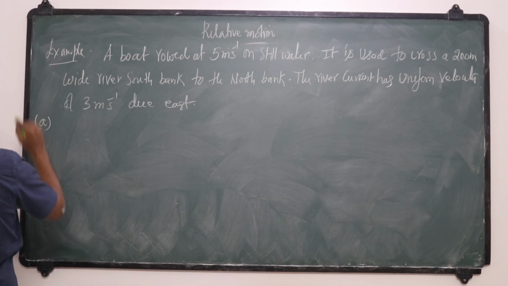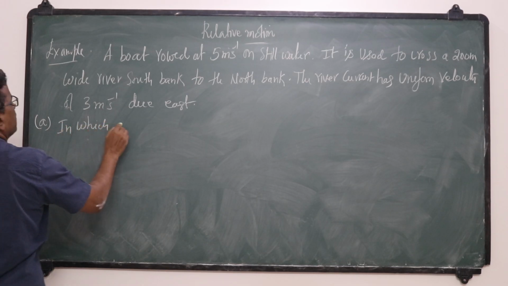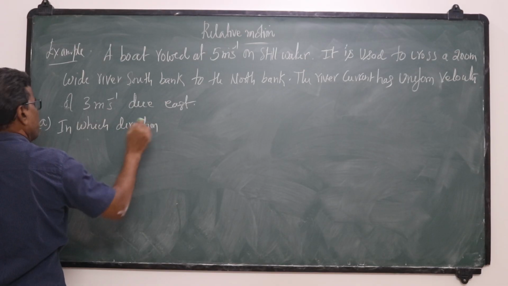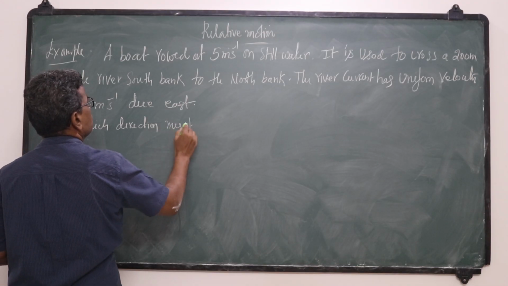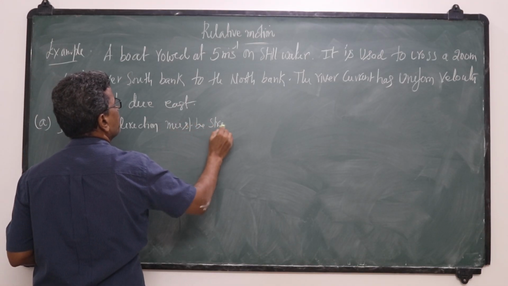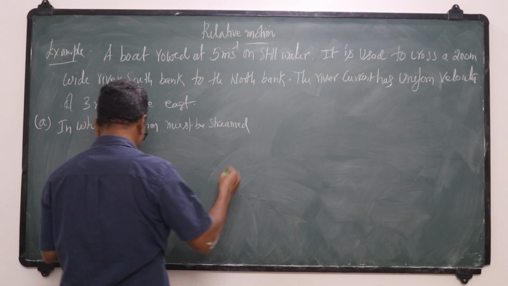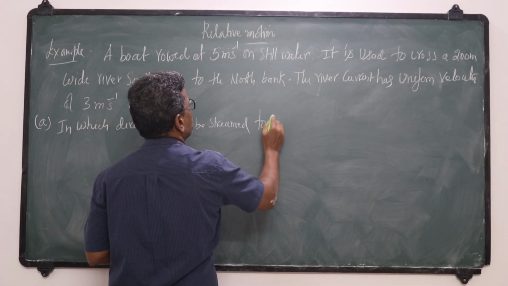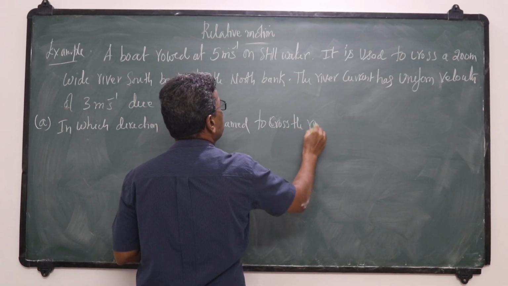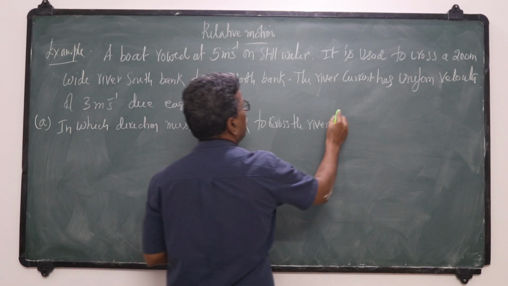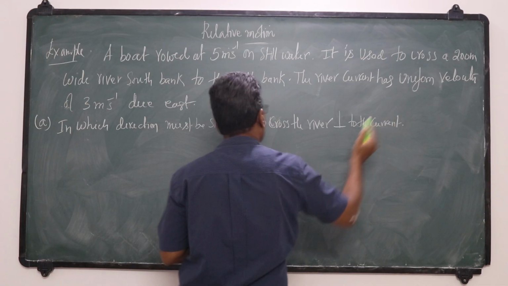A. In which direction must the boat be steered to cross the river perpendicular to the current? So this is the first problem.